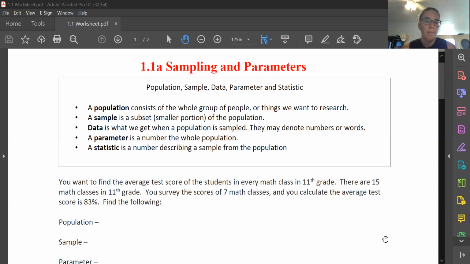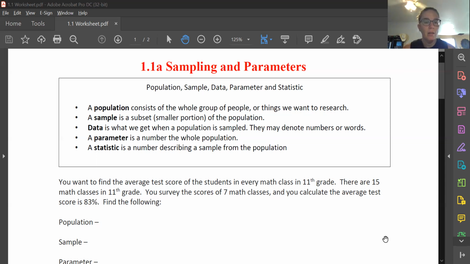And so yeah, it sounds weird grammatically sometimes because data is actually a plural, like fish or deer, there's a couple words like that. Okay, so data could be numbers. If we ask the people in the football stadium, how long was your commute to this game? That would be numbers. If we ask the people in the football stadium, which is your favorite team? That would be words, but they're all still just answers from the group that we're interviewing.